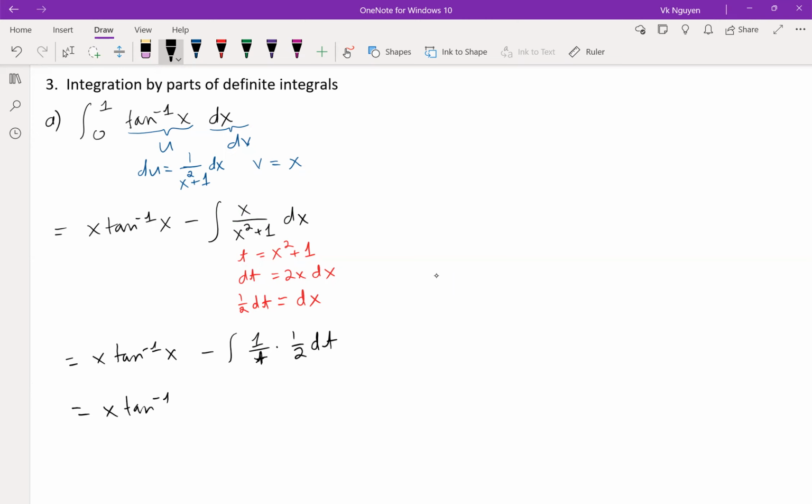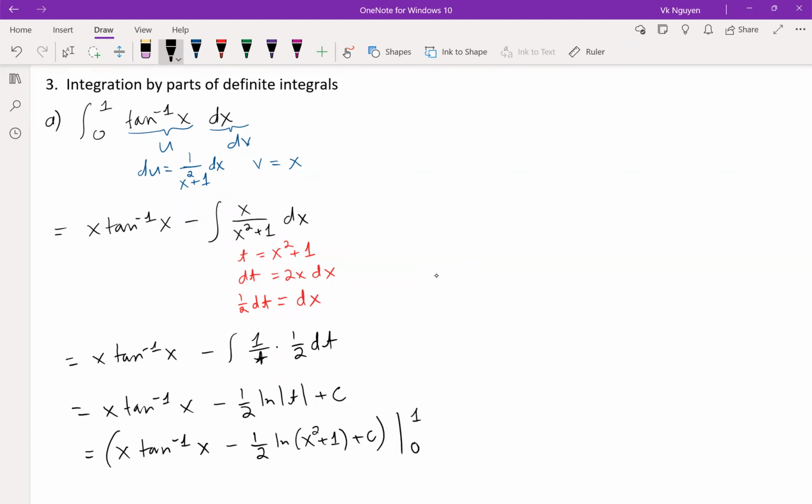So x arctangent x minus 1 over 2 ln absolute value t, plus c. Since x squared plus 1 is a positive number, we get x arctangent x minus 1 over 2 ln of x squared plus 1, plus c. And then we can evaluate this from 0 to 1.